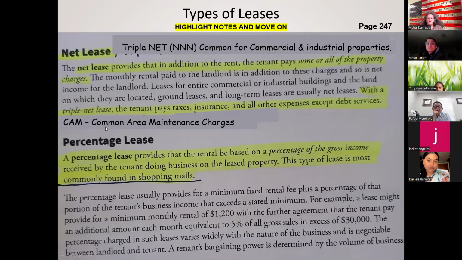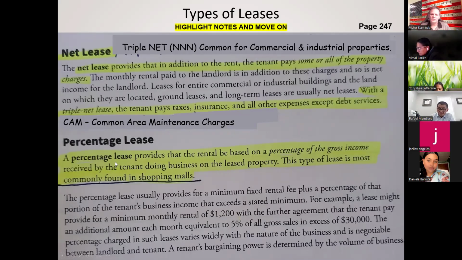CAM stands for Common Area Maintenance charge. CAM charges are also part of residential properties too, like in condominium complexes, your monthly maintenance fee. It covers the common area maintenance charge, right?